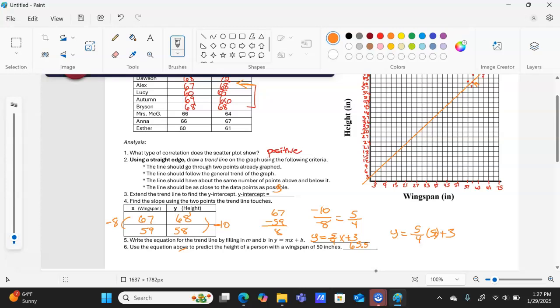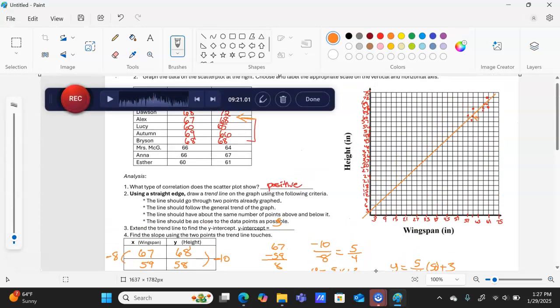Another option when you're doing these is if the trend line is already graphed for you and you don't have the equation, what you can do is use the trend line. I can go up at 51 or at 50 until I hit my trend line.